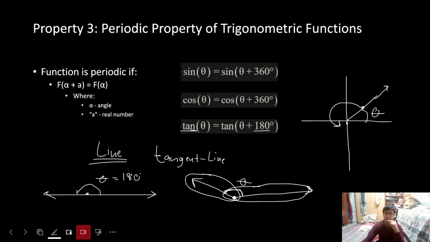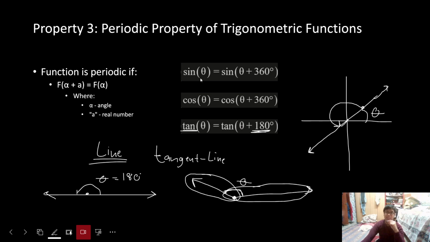And not only that, you're going to have a line here as well. So it is in fact a perfectly straight line. Therefore, tangent of theta is equal to tangent of theta plus 180 degrees. But just like what I explained for sine and cosine, there is more explanation why 180 degrees is the period.